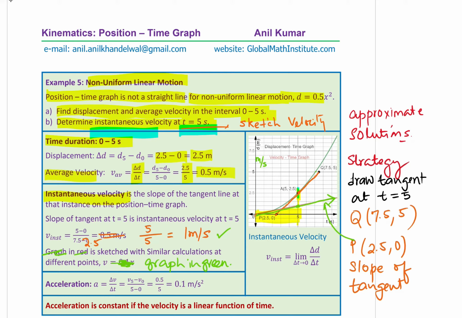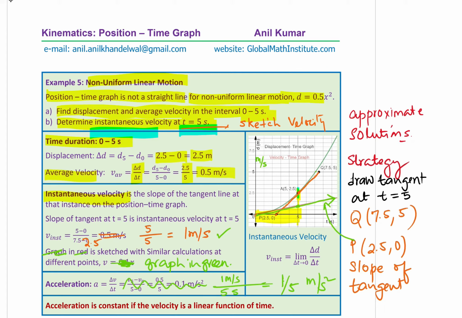So in this particular case, let's redo this, there's a calculation error. The change in velocity in the first 5 seconds was 1 meters per second, right? 1 meters per second divided by 5 seconds, so we get a constant acceleration of 1 over 5 meters per second squared, correct?